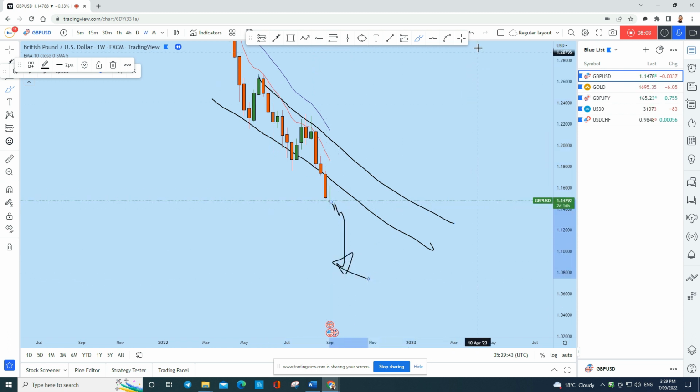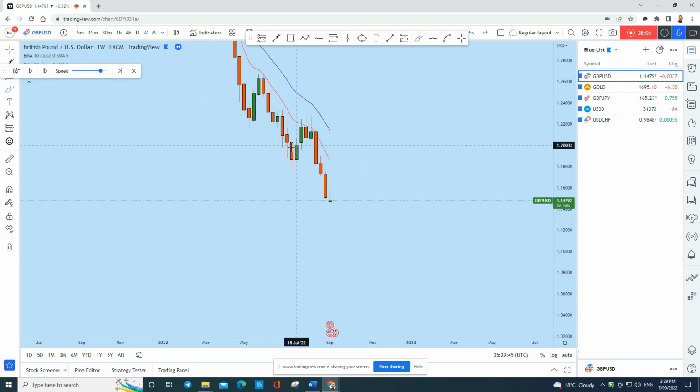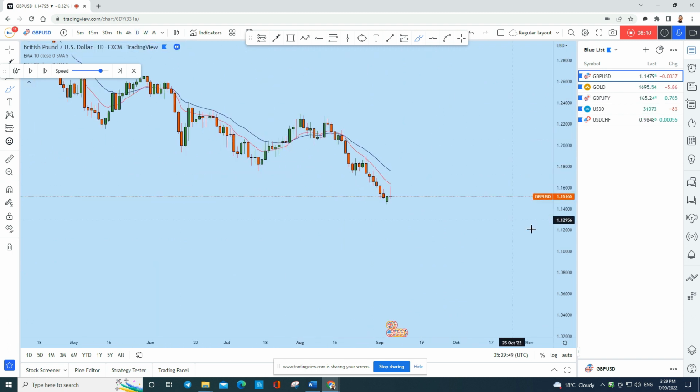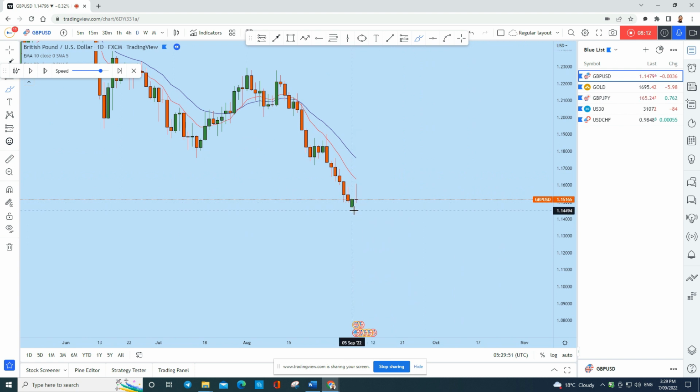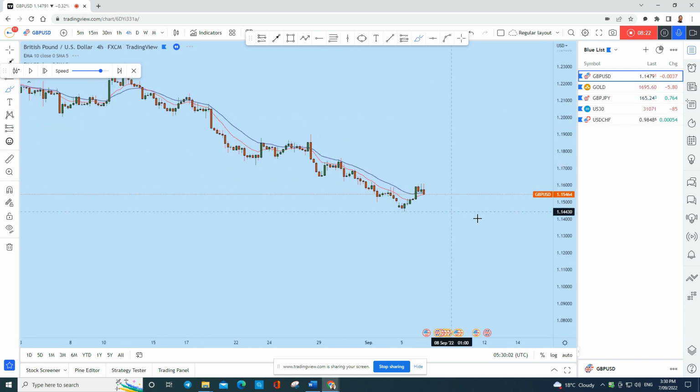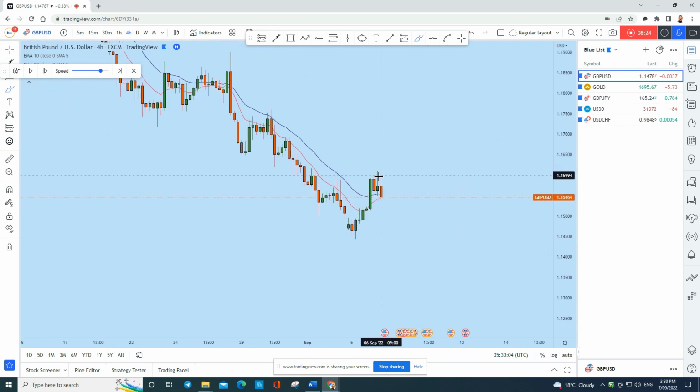So this is how multi-time frame analysis works, that you see in all my analysis that I'm posting every day. Now looking at the daily as well, we see GBPUSD after the gap opening, the price went above, tested this important zone. Now we see that today the price is rejecting again here. So on the 4-hour perspective, we see that there is a, let's say, a doji being formed.